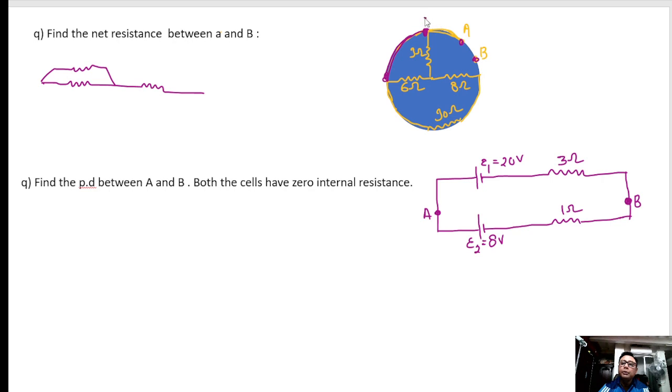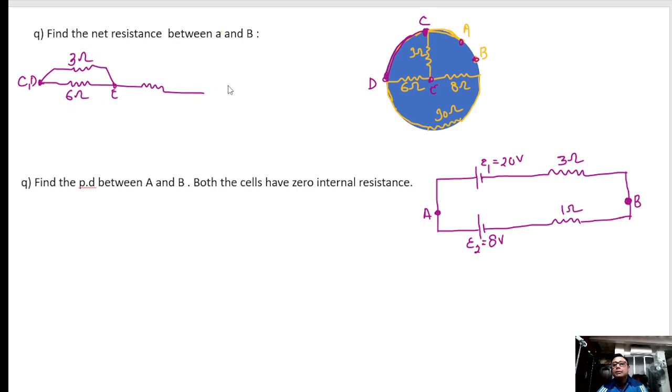Okay, this part, point C, where point C is coming onto point D. Clear? This is point E. This is 3 ohms. This is 6 ohms.